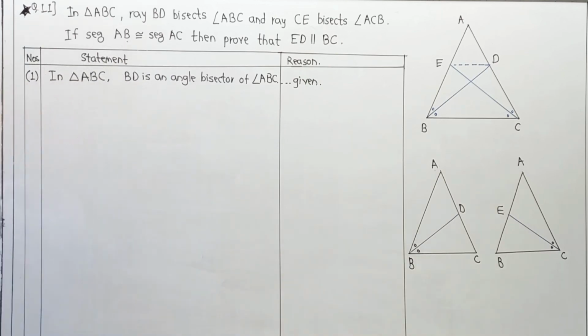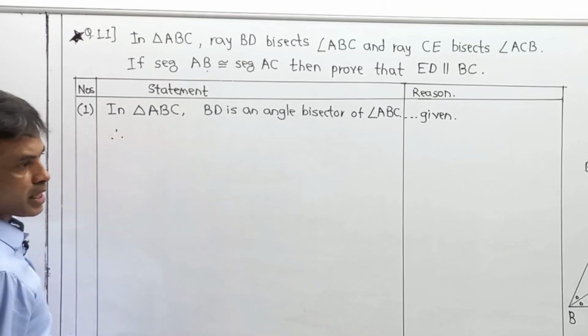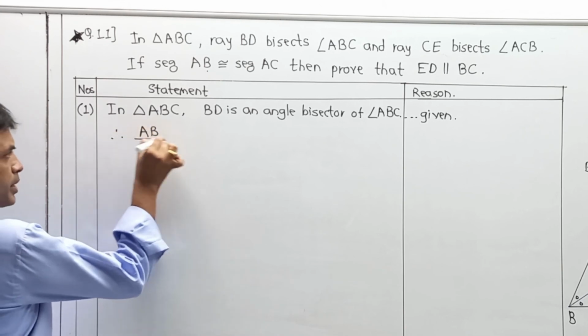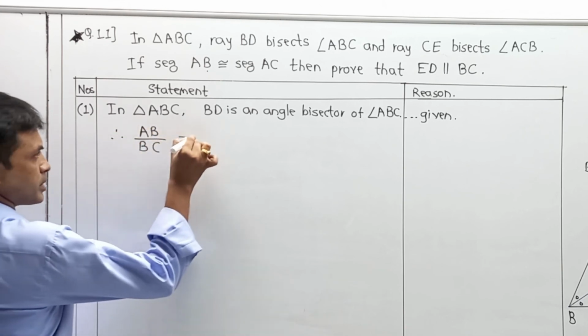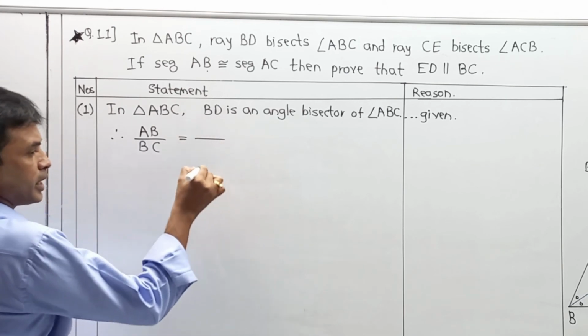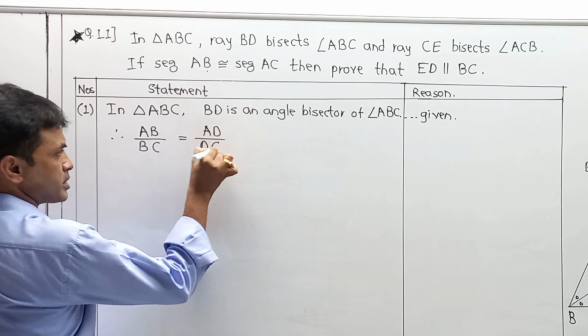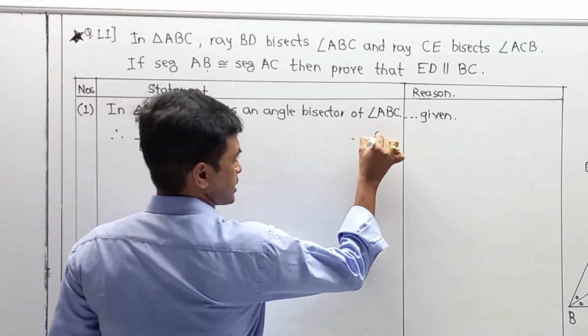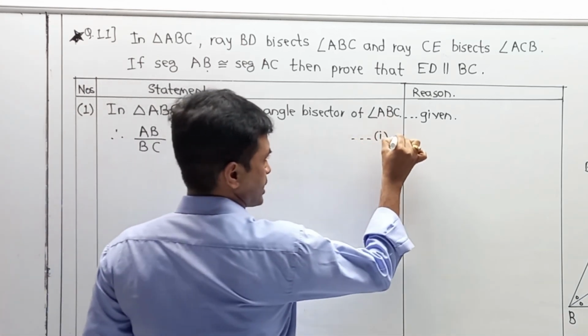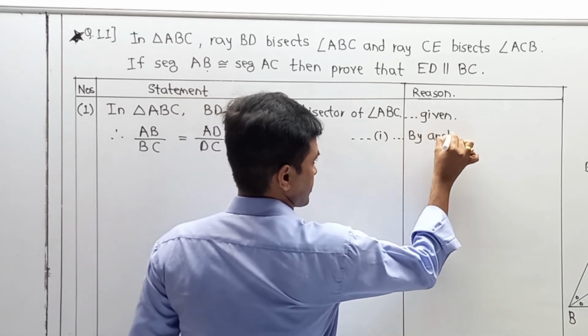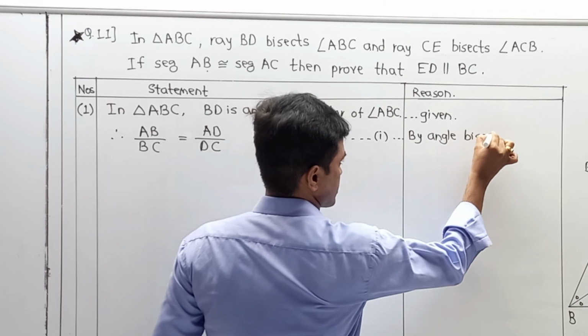Therefore, by angle bisector property we can write AB upon BC is equal to AD upon DC. I am going to call it equation number 1, and the reason is by angle bisector property.